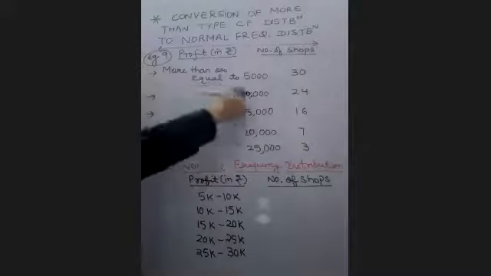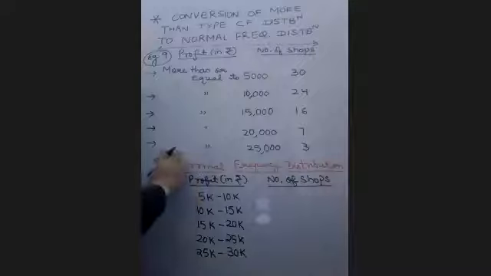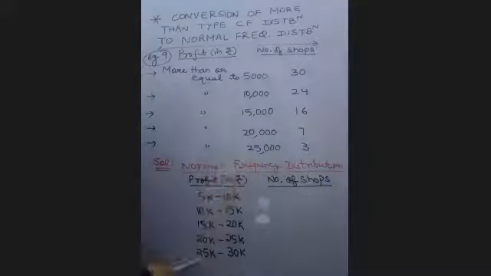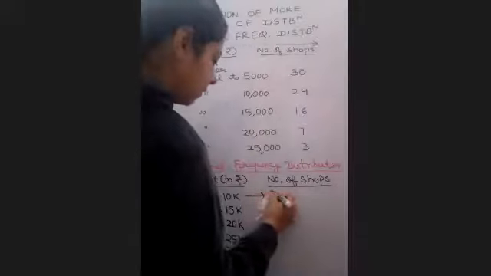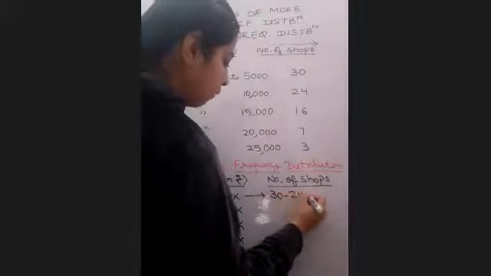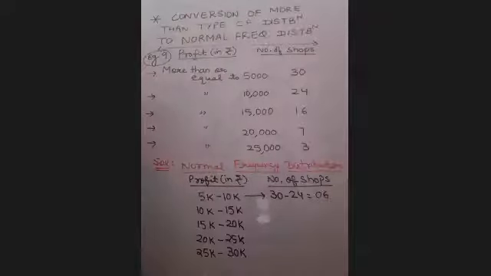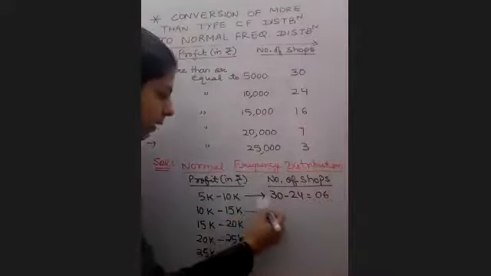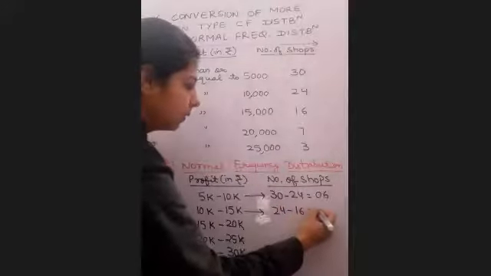So 1, 2, 3, 4, 5. You can check the last one is more than 25,000, so this also means more than or equal to 25,000. So how many shops are going to be here in the first one? 30 minus 24, which is 6. Then 24 minus 16, 8.